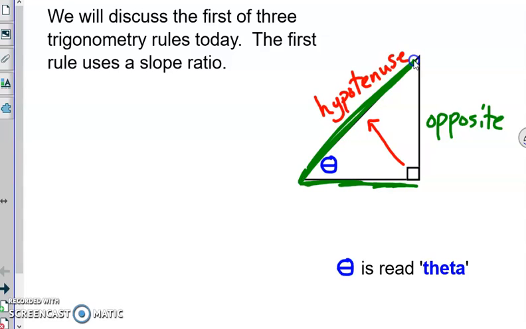And then the third side is called the adjacent side. When I go through problems in class, or as I discuss things on the video, I will always go in this order: I will identify the opposite side first, the hypotenuse second, and then the third side is always called the adjacent side.